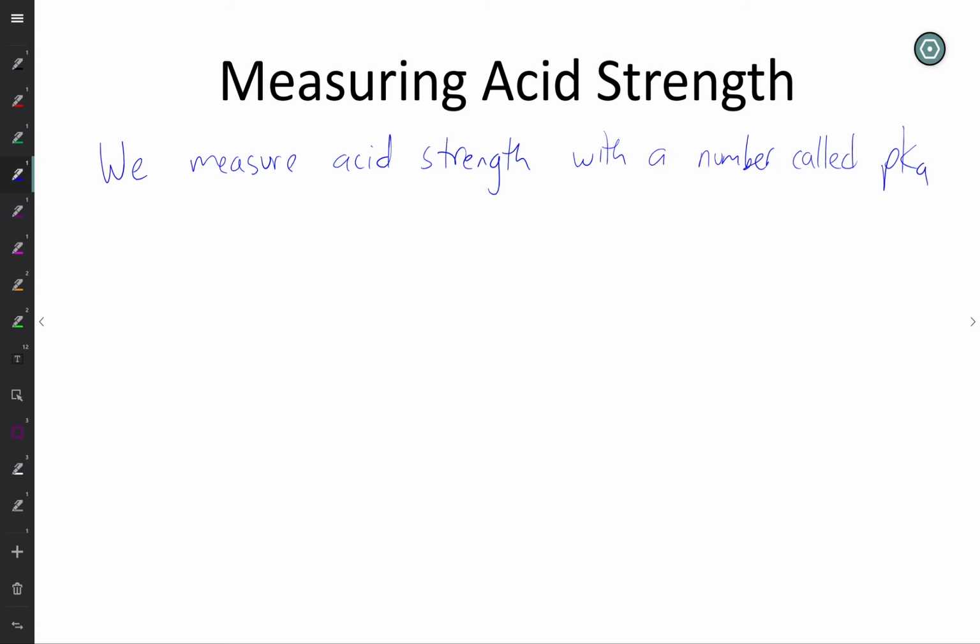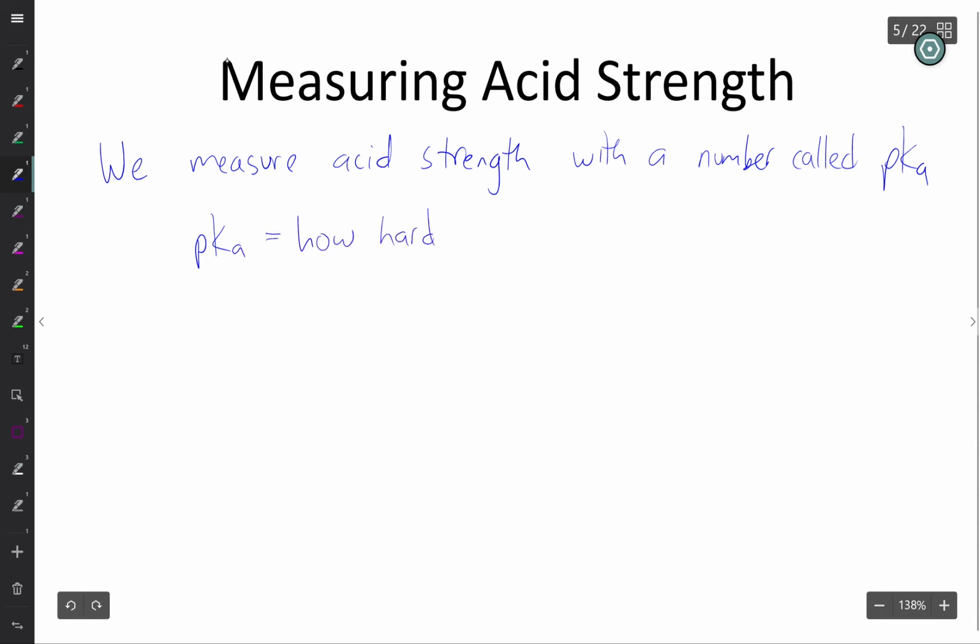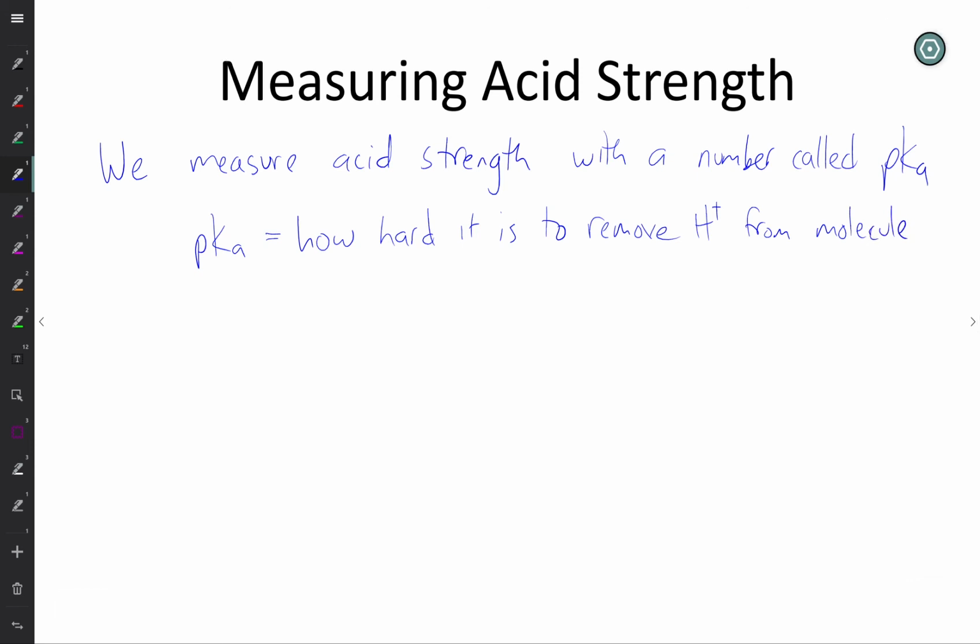And what you can think of pKa as is how hard it is to pull H plus away from the molecule. So what that means is, if something has a high pKa, will it give away H plus easily?